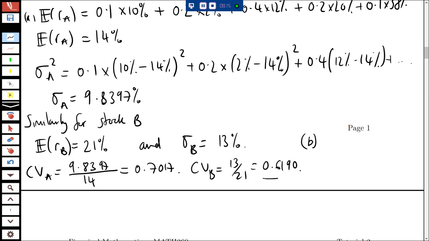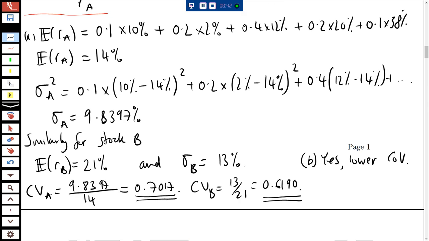We can see that this is smaller for B, so an investor would absolutely see stock B as being less risky because of the lower coefficient of variation. Okay, so any suitable sentence that said yes because of the lower coefficient of variation would be absolutely fine there. I'm going to separate all these videos. So that is part A and B. I'll do part C in the next video.